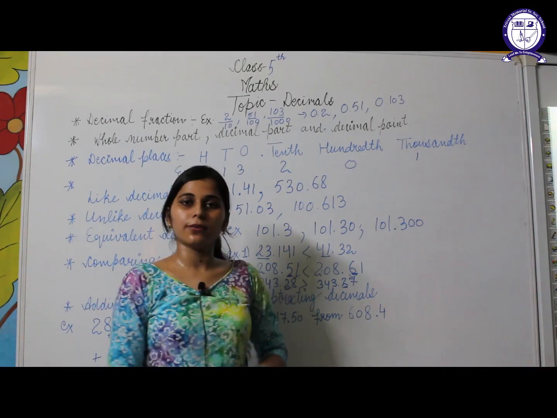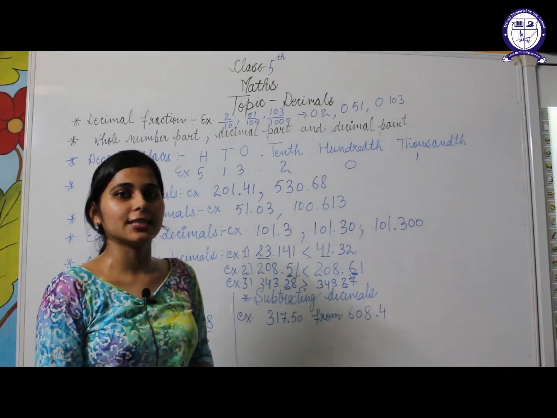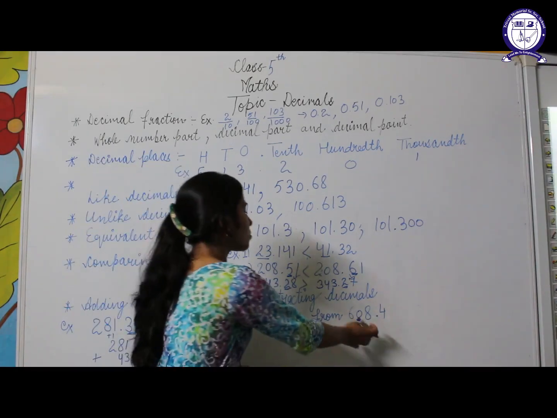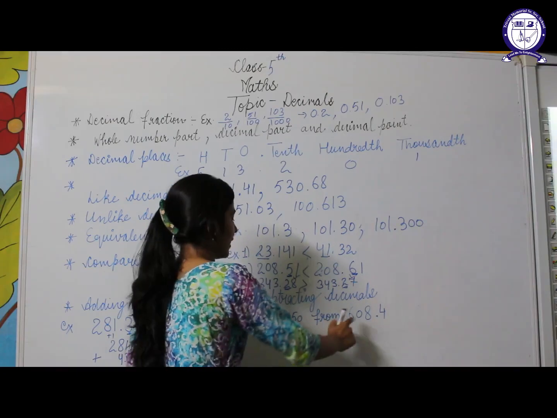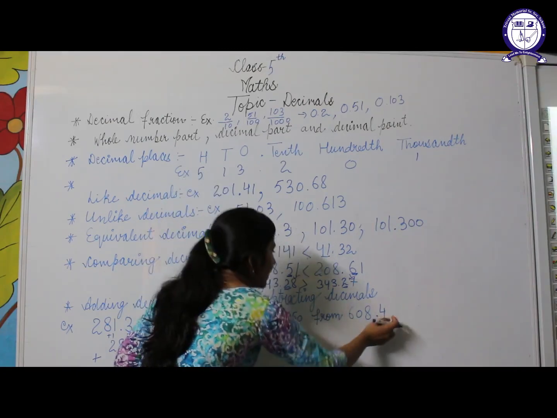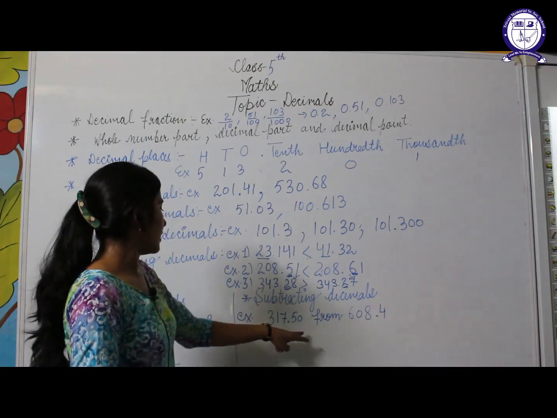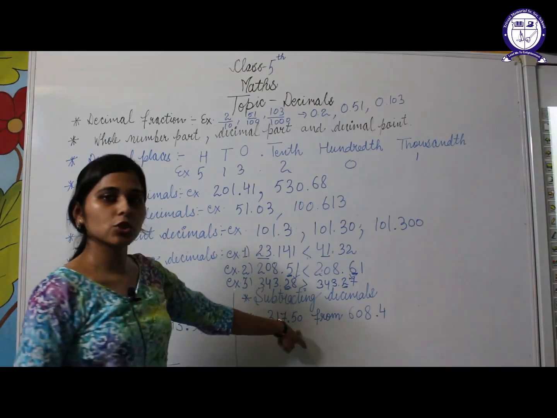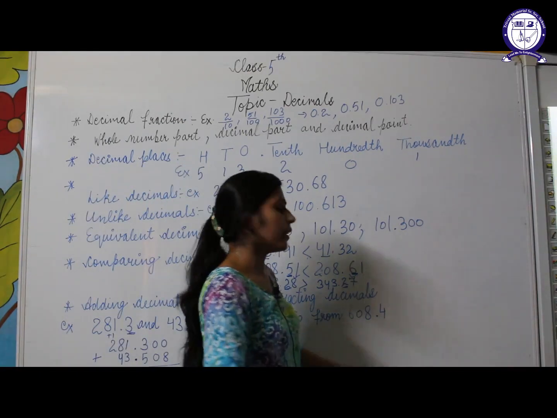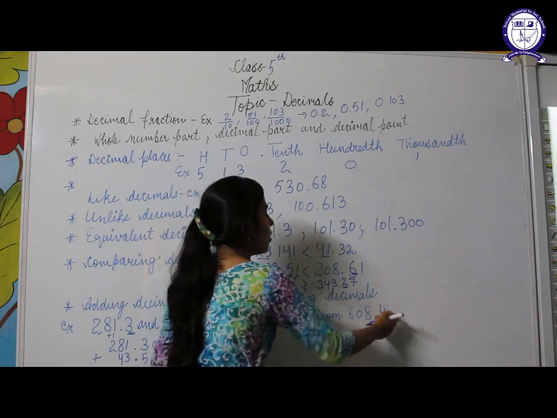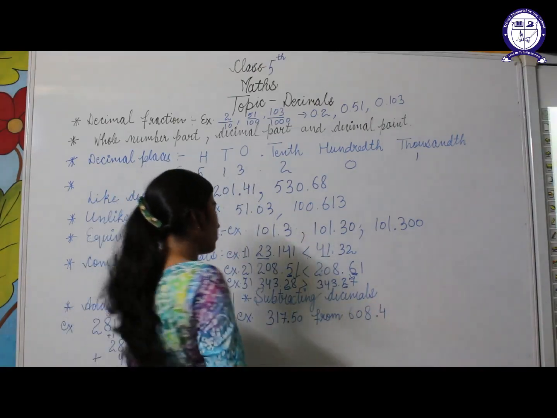Now we will subtract the decimals. Here also, students, before subtracting we will convert the decimals into like decimals. So from this we have to subtract. Now we will make this number a like decimal. So here how many digits are there? 2, and here how many? 1. So students, we will write a 0 there, and then we will subtract.